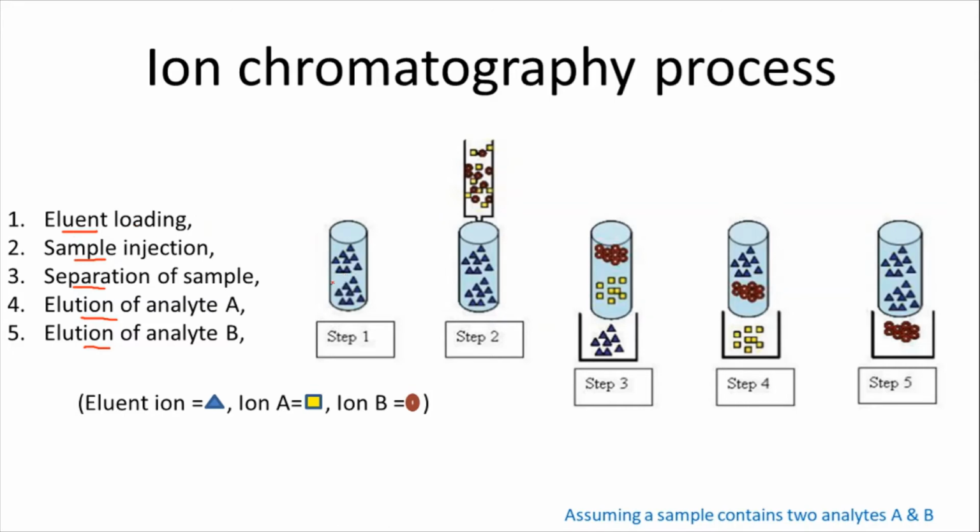It means if you are already using a kind of stationary phase, whether it is an anionic exchanger or cation exchanger, the stationary phase already contains a charged functional group. Suppose you are taking the anionic exchanger, the anionic exchanger resins contain some functional groups.